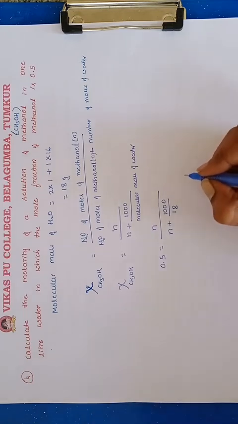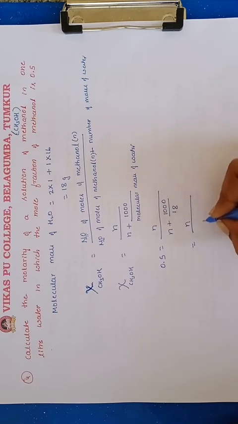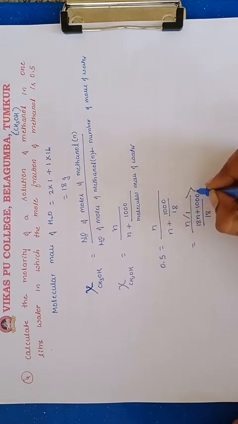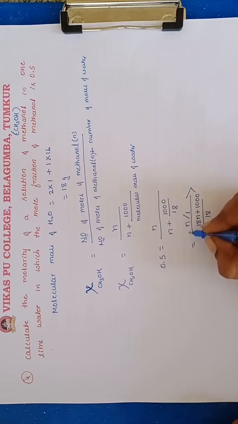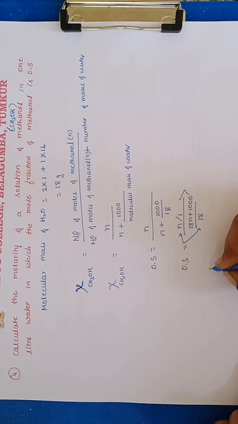This we rearrange, taking the LCM, that is 18: n divided by 18n plus 1000. Nothing is there means we take it as 1, and we multiply with this. It is a basic mathematical operation.